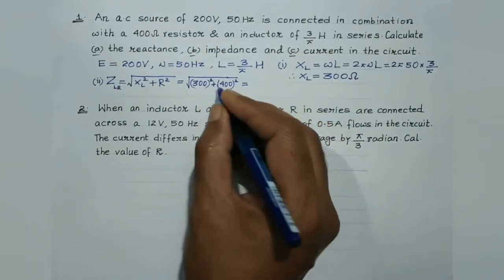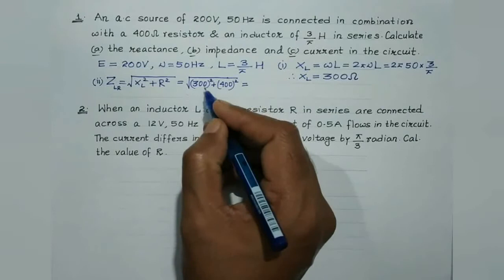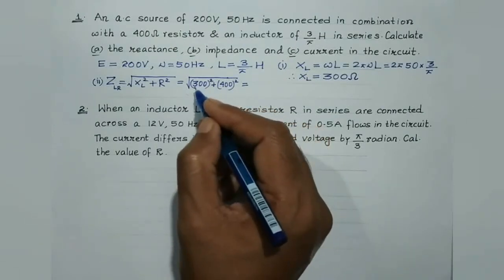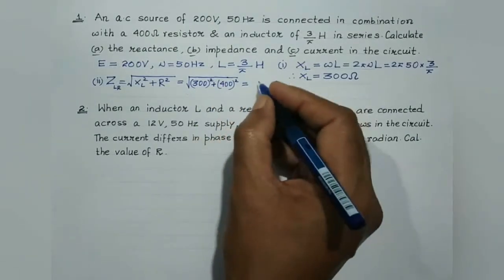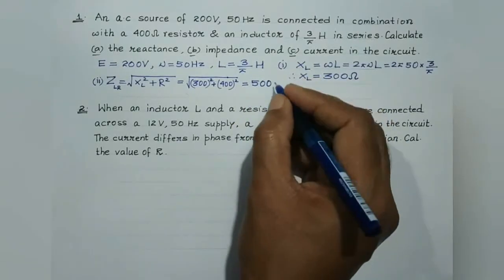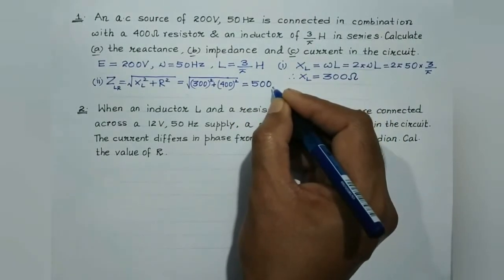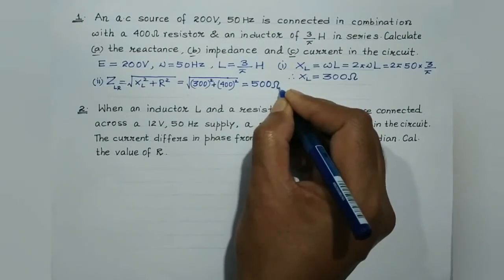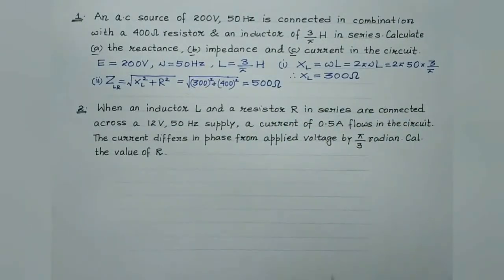So 300 square plus 400 square gives us 900 plus 1600, that is 2500, and square root of 2500 is 500. So impedance, again the net resistance offered, has SI unit ohm, right?